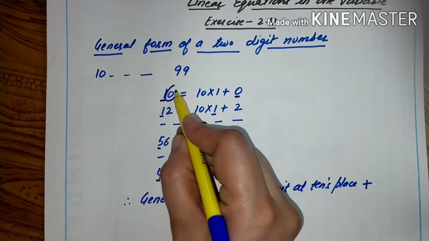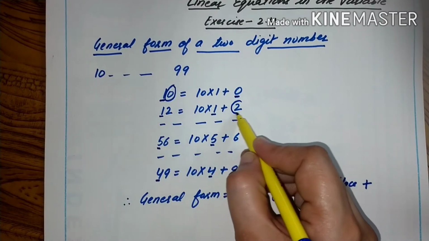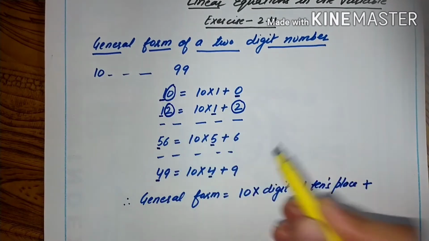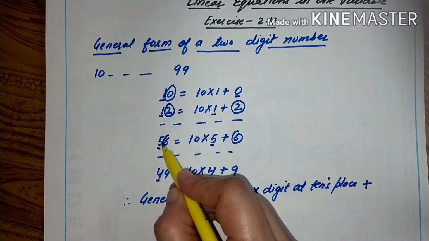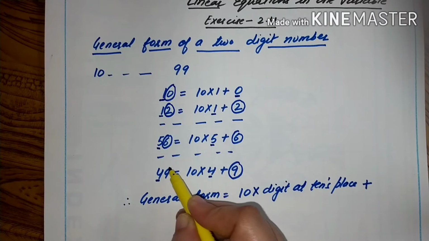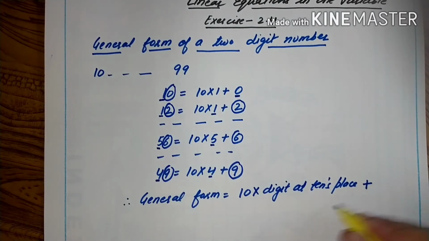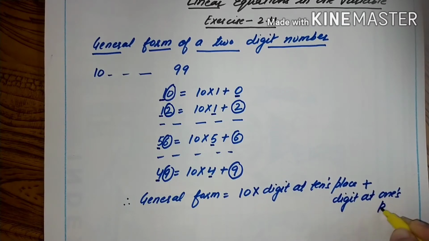The ones place digit of this number. 2 ones place digit. 6 ones place digit. Same way 9. So it would be digit at ones place. So this is the general form of a two-digit number which we will use in the next question.